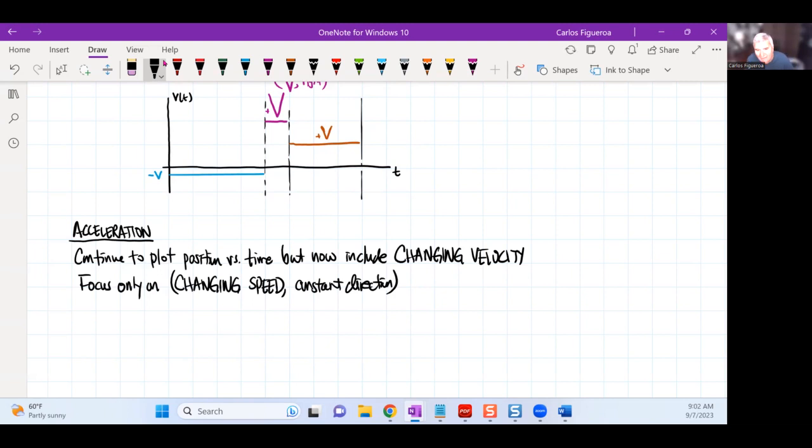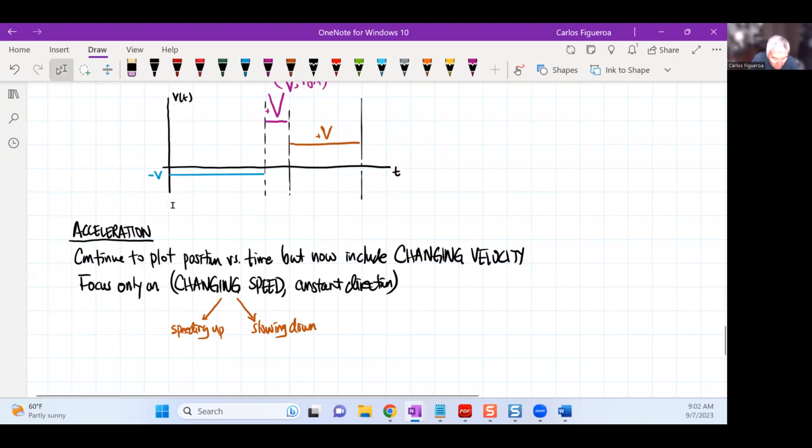We do not have the ability to talk about turning acceleration because that turns out to be more complicated, but we will get to that. What we're going to show here is that changing speed means speeding up, and we're also going to be talking about slowing down. We're not going to be talking about turning.